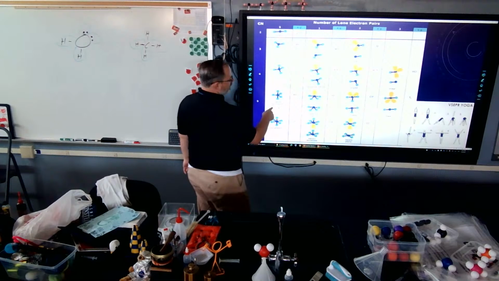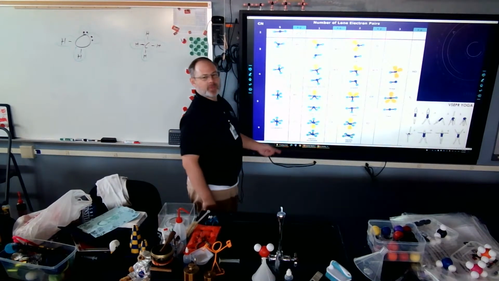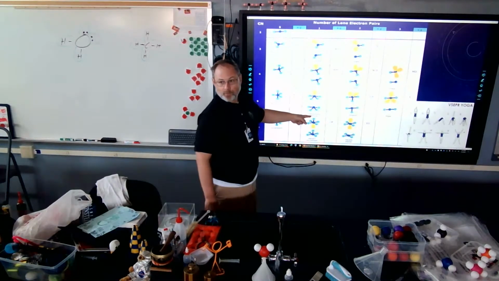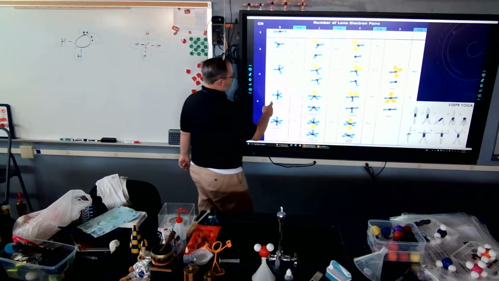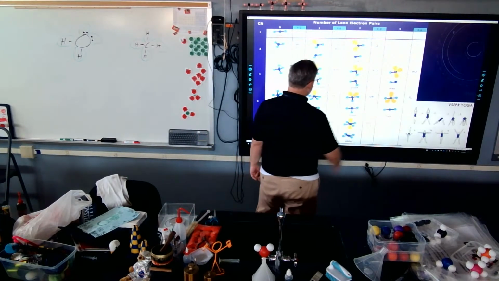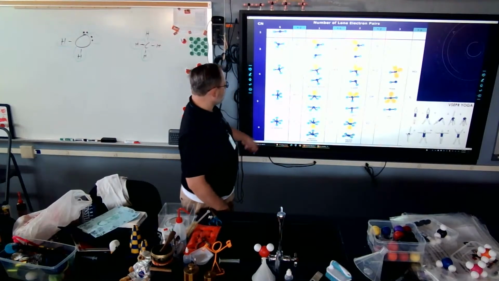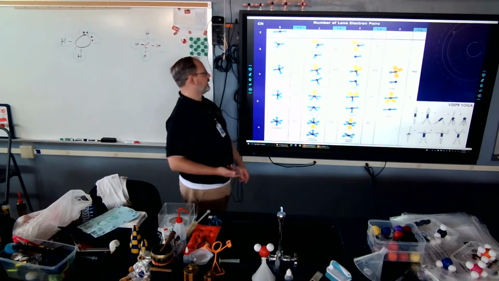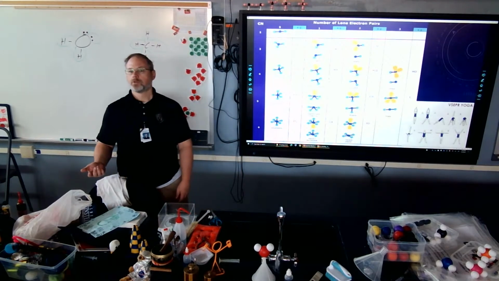Trigonal bipyramidal might be seesaw, T-shaped, or linear. Octahedral might be square pyramidal, square planar, T-shaped, or linear. Cool?